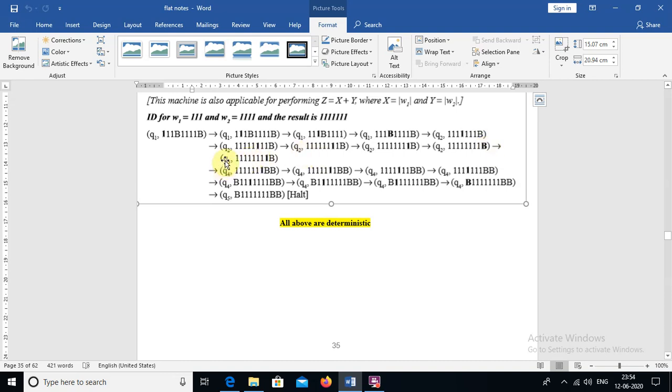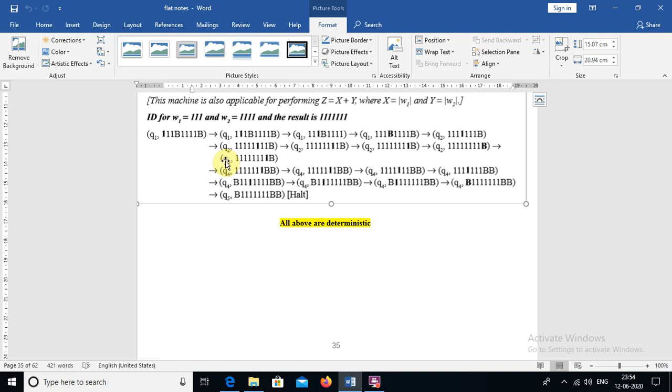Okay, so whenever a new direction happens, that means from right to left or left to right, the state changes. And whenever a symbol is replaced, if 1 is replaced with 1, there is no state change. If 1 is replaced with a blank or a blank is replaced with 1, then you have to go for a state transition.